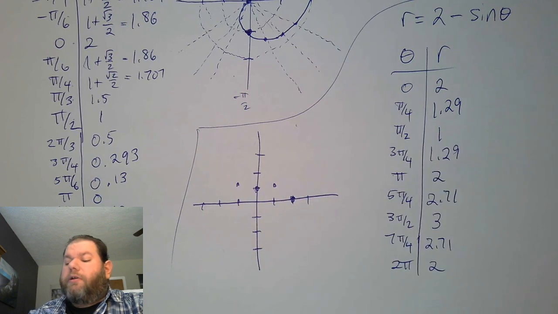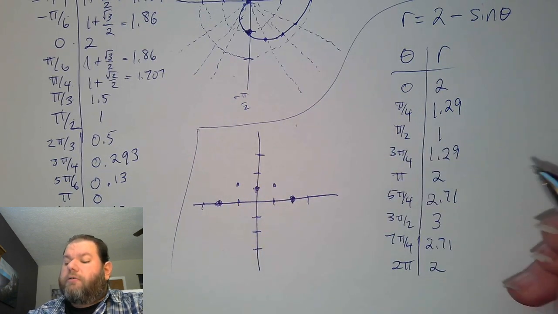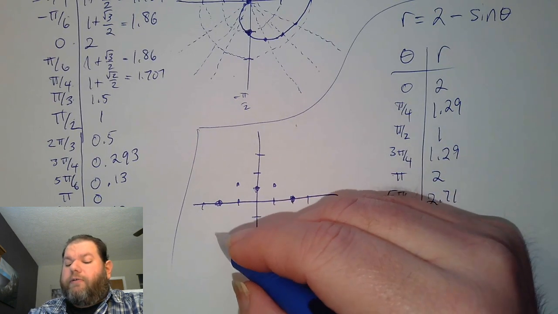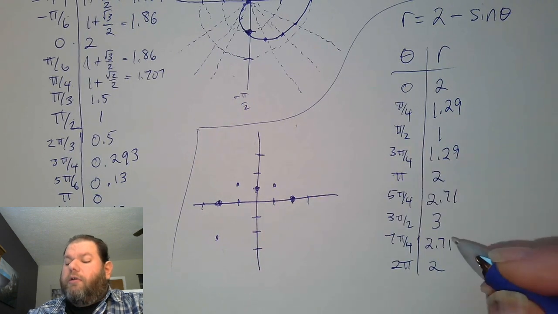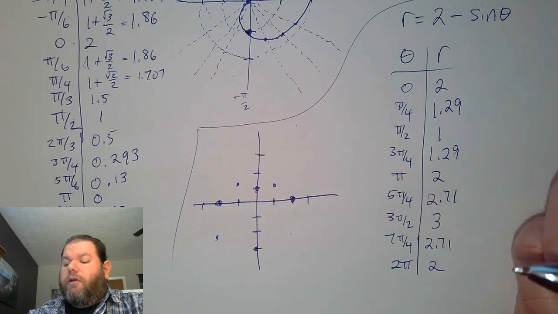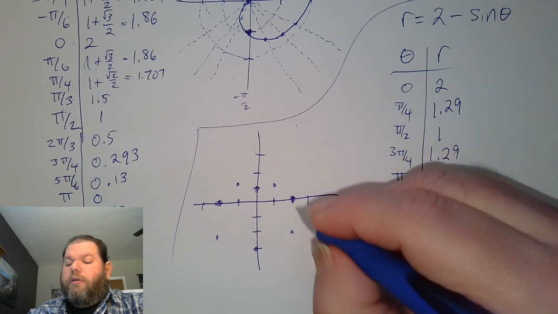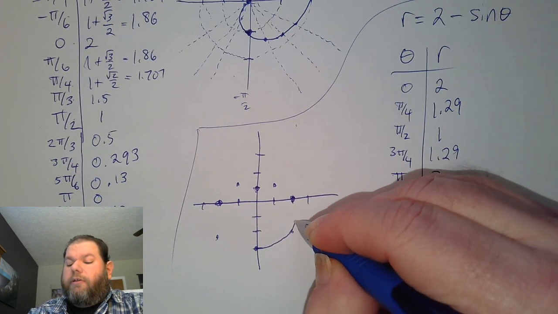Got it right there. Pi, comma 2. 5 pi over 4, 2.71, so we go out a little bit further. 3 pi over 2, comma 3. 2.71 this way. And then back there. So something like this.